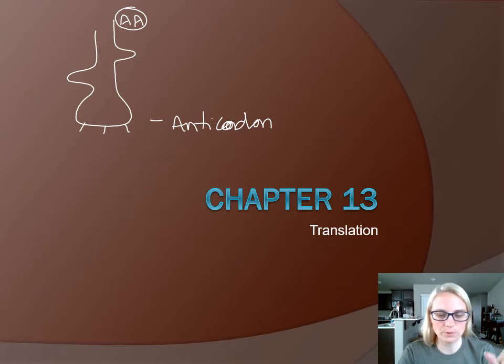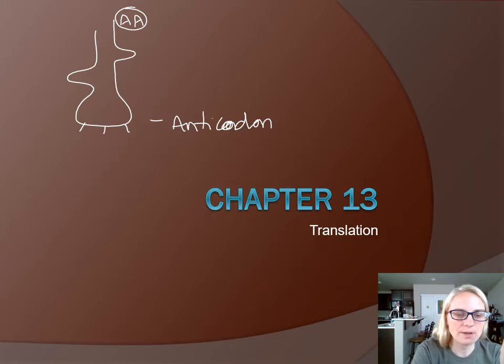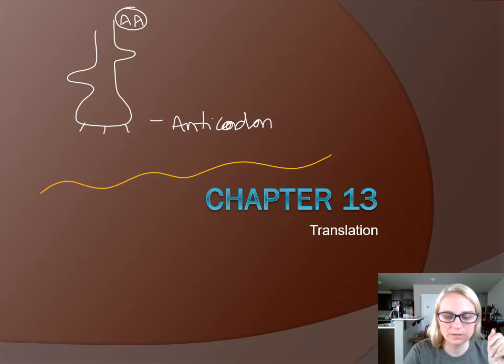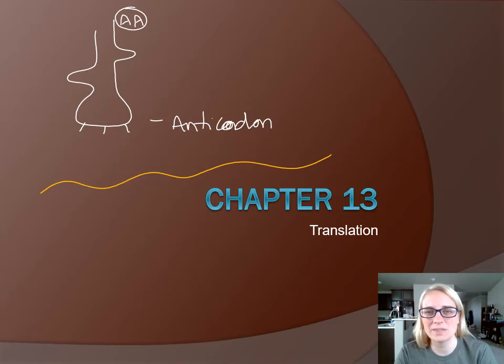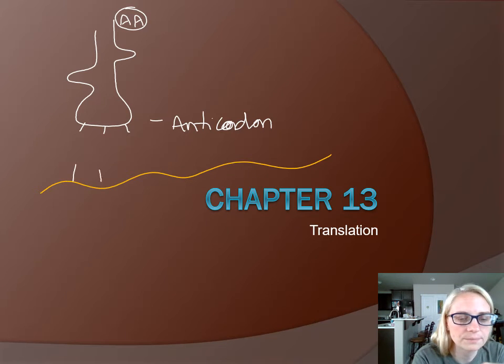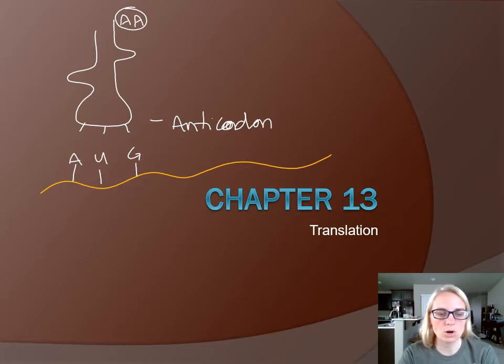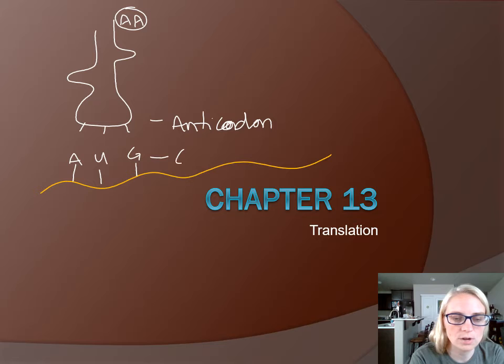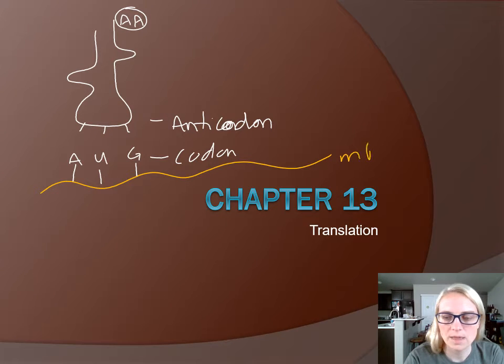So for example, if we have a piece of mRNA coming down here, and I'm just going to use the codon that I know because that's the only one I know by heart, AUG. Let's say this is the codon on the piece of mRNA.